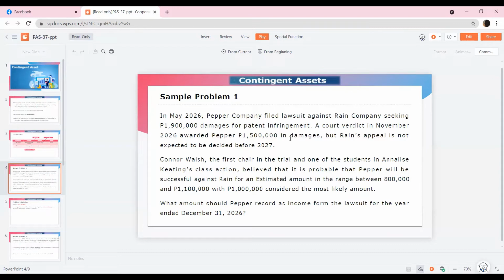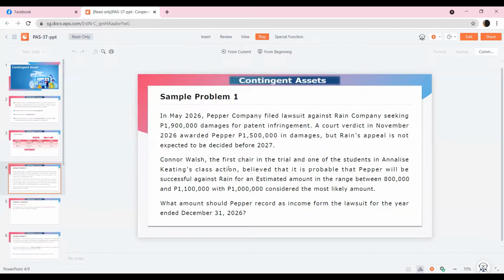So, tayo si Pepper dito and tayo yung nagdemanda, no? And a court verdict in November 2026 awarded Pepper 1.5 million in damages. But Rain's appeal is not expected to be decided before 2027. Ibig sabihin, nag-appeal si Rain.